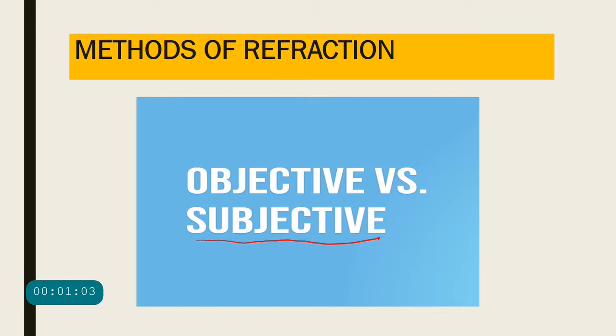And basically it is of two types. Either you can have a computerized method, that is, in modern times called the AR machine or the autorefractometer, or since time immemorial what we have been doing is retinoscopy. So what is retinoscopy? Retinoscopy is a type of objective method of refraction.